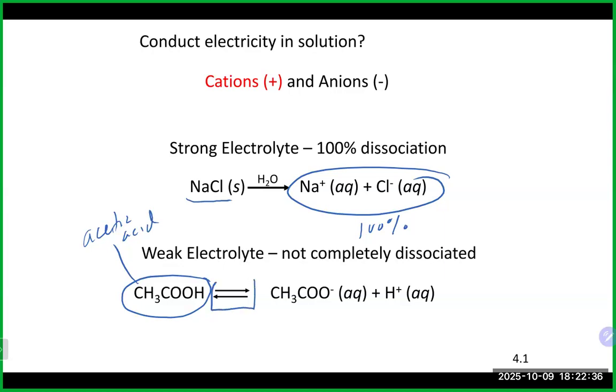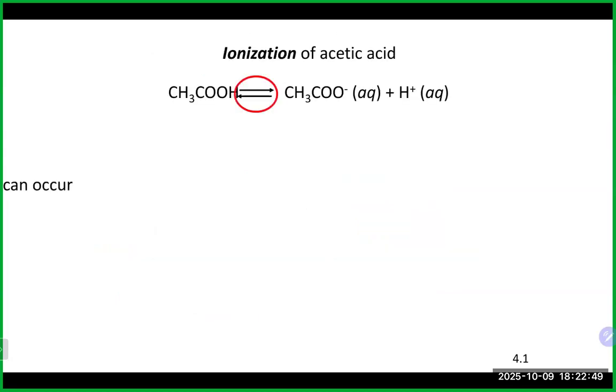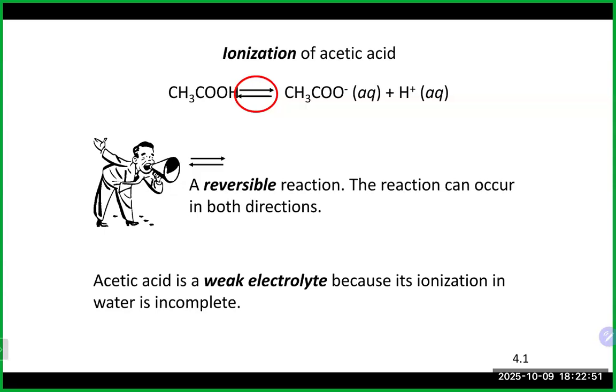Again, we see the arrows heading in both directions to indicate there's a forward direction and reverse direction. Once again, for our sodium chloride, it is a one-way street. Everybody's breaking apart into ions. And if you do see an equation written like that, that is a big tell that you're dealing with a weak electrolyte.